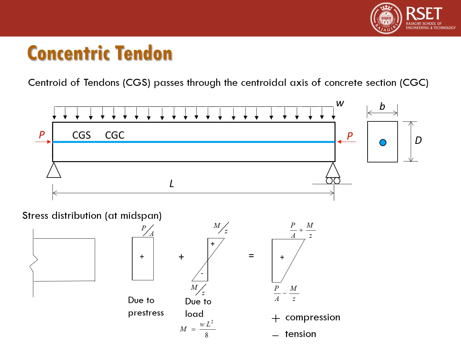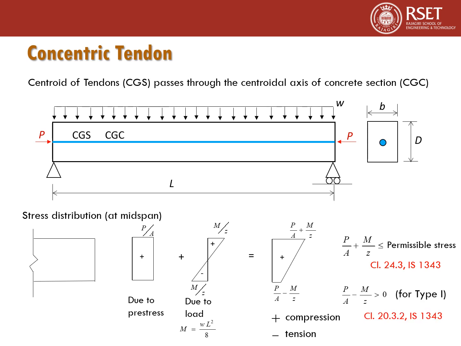Now here the notation plus is for compression and minus is for tension. So in the net section, in this case there is no tension. That is why there is no negative sign in the final stress diagram. That means that the entire section is in compression. Now for safety, we have to ensure that the maximum value P by A plus M by Z should be less than the permissible stress in compression, and P by A minus M by Z should be greater than 0 for no tension condition.